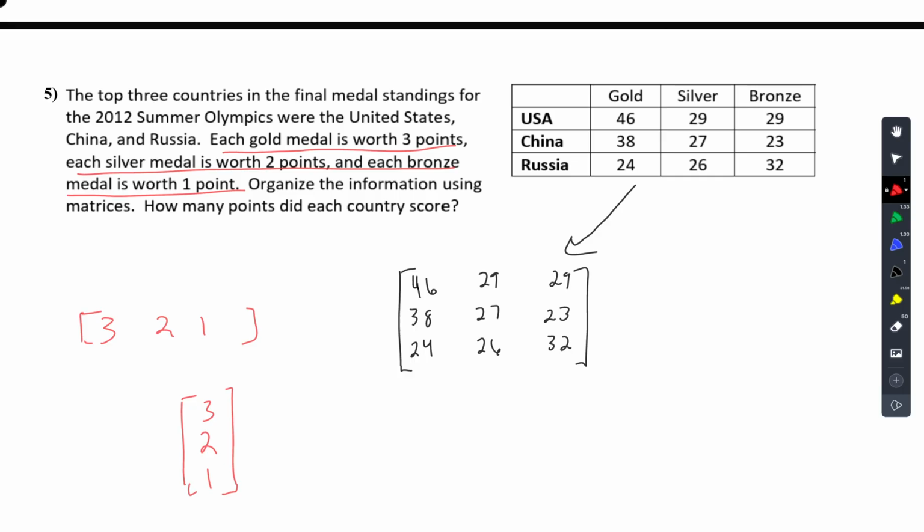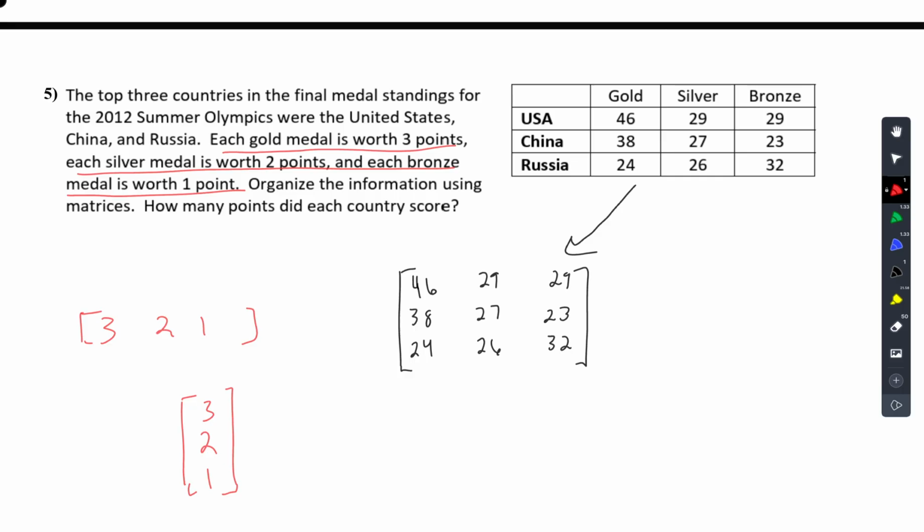After. Okay. So if you're going down this row, remember you would be going down a column, or you would be going down this row and down this column. So the deal with this is if I were to put this one first, I would go 3 times 46, which is good, but then I go 2 times 38, which represents a gold medal.